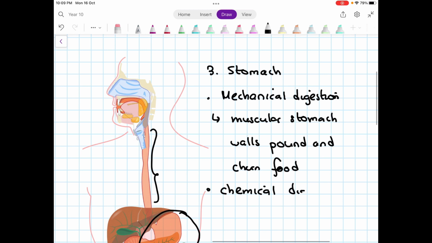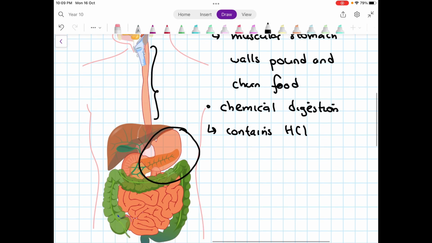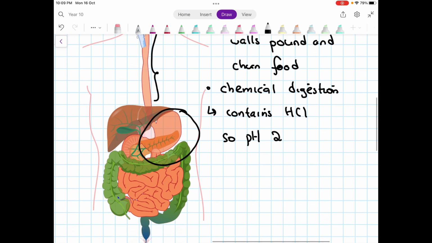And then we also have chemical digestion. The stomach contains a lot of hydrochloric acid, which I'm going to write as HCl. And what it does is that the pH of the stomach is now around pH 1 to pH 2. This has two main functions.